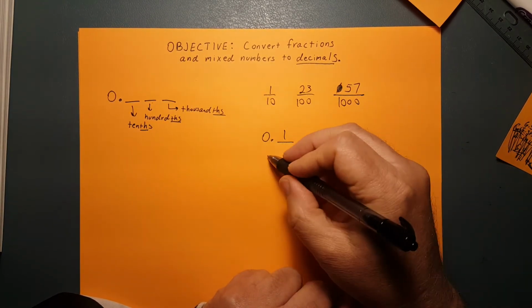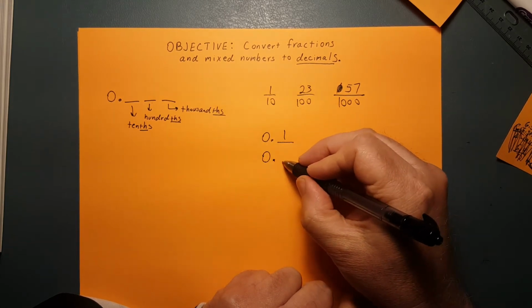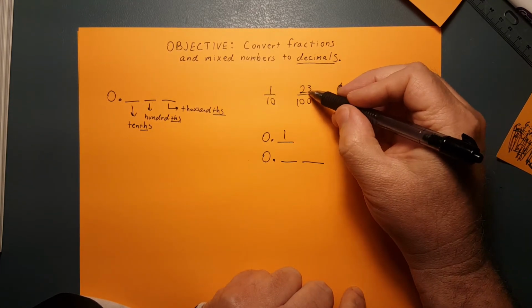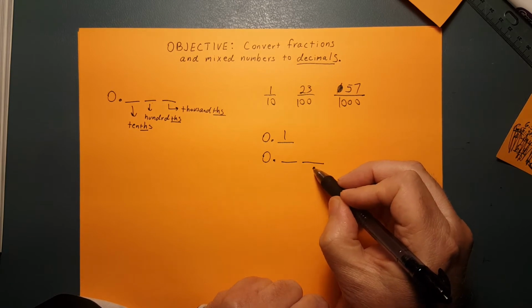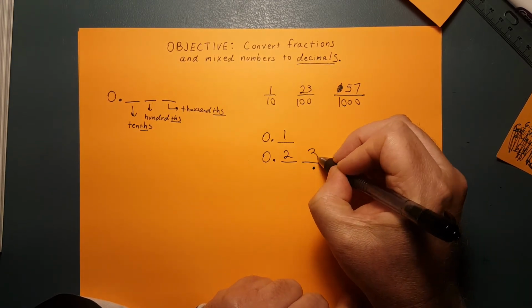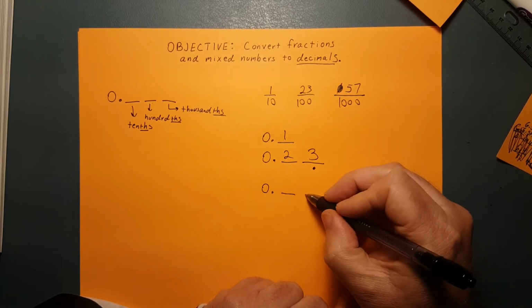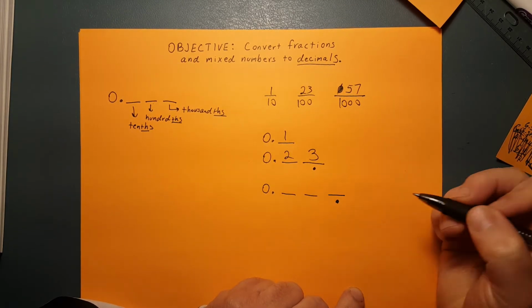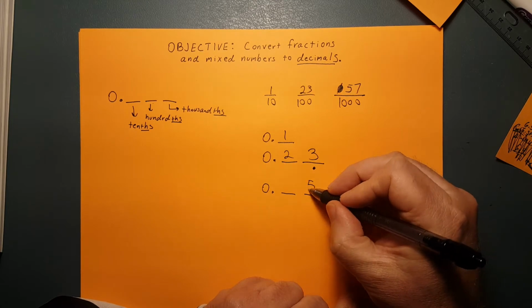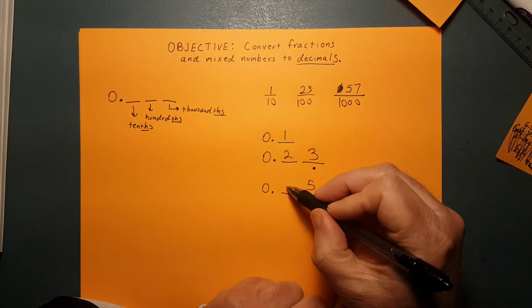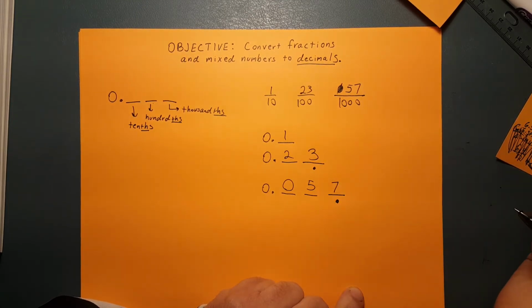For 23 hundredths, we need 23 to end in the hundredths place. That's the hundredths place. This one's tricky. For 57 thousandths, we need 57 to end up in the thousandths place. So we put the 57 there, and we got to fill this in with a 0. Okay? So that's the biggest trick for today.